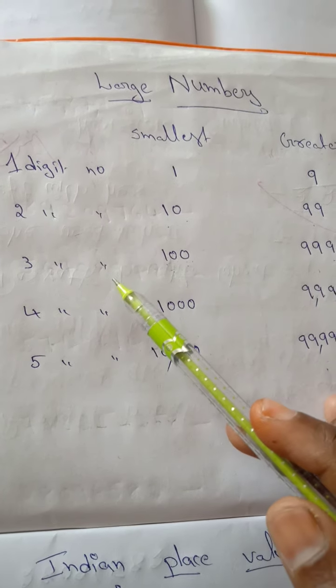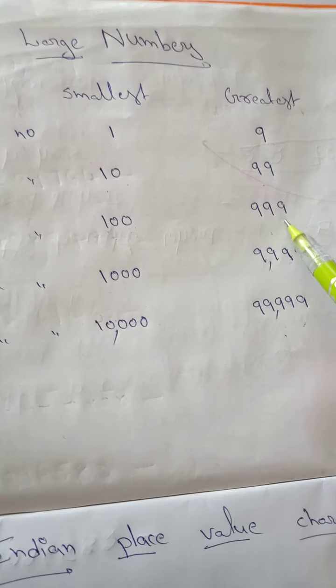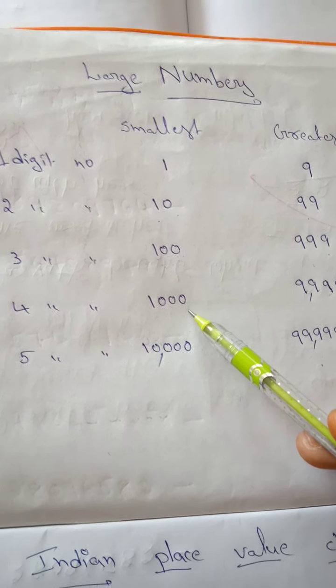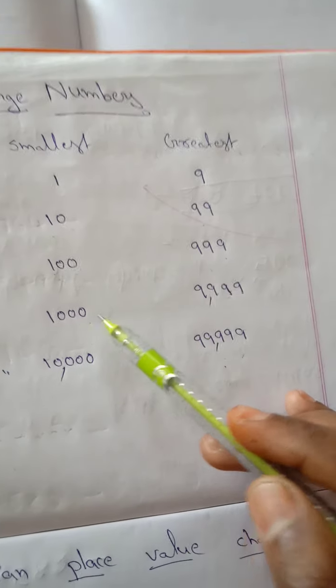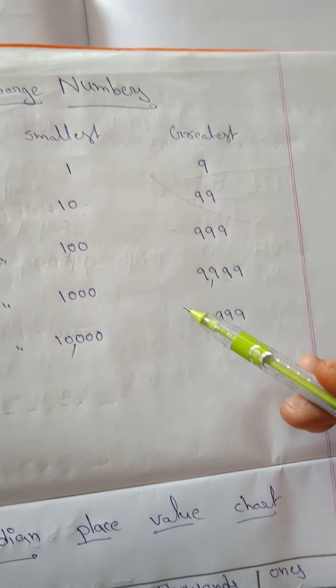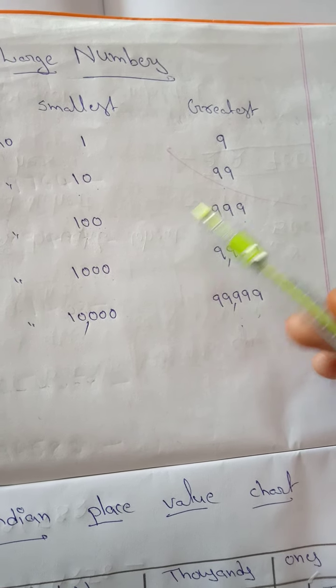Like that, what is the 3-digit greatest number? 999. 999 plus 1 is the 4-digit smallest number, right? Just now we are learning plus 1, plus 1, plus 1. What is a plus 1? Successor. Successor means the number after, or adding 1.